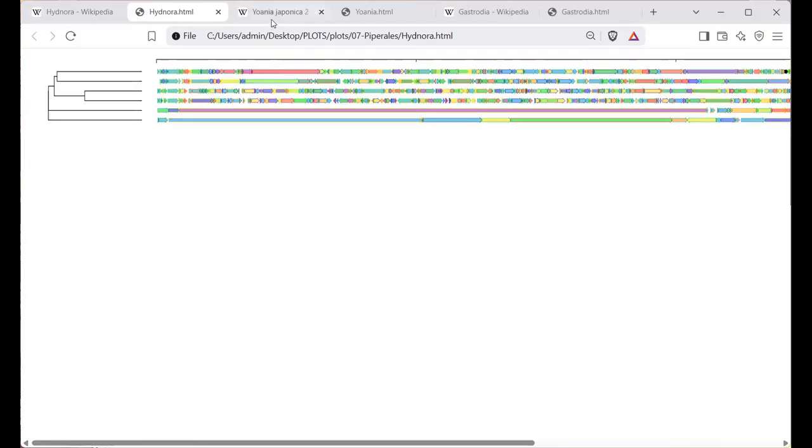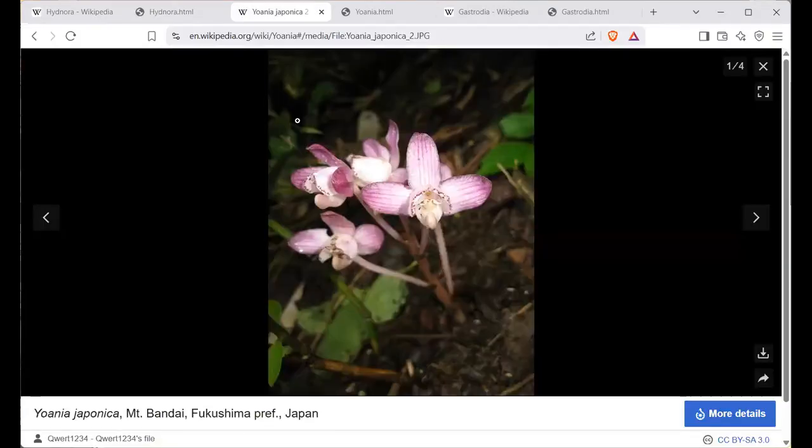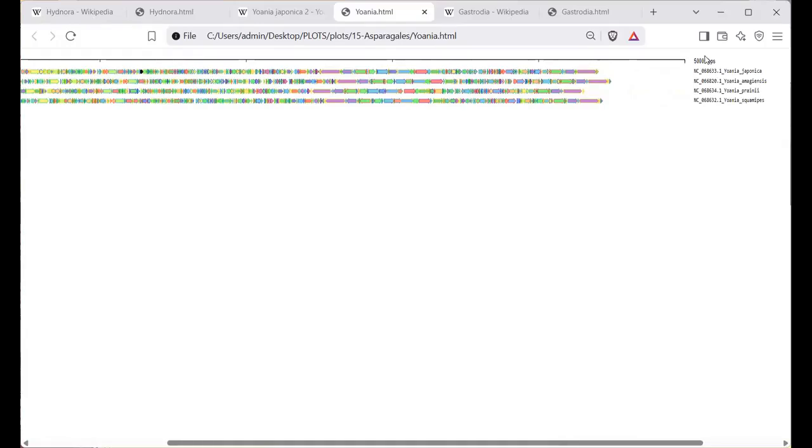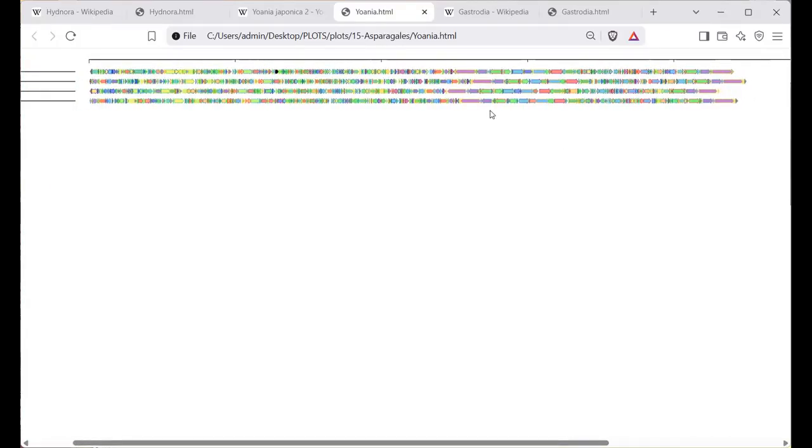Now there is another one. This is an orchid called Euania, and it's once again a parasitic plant. In this case, the PGR-TK sequences are about 50,000 nucleotides, so quite small. Here you can see that all these plants have similar patterns, and you can click and identify the inverted repeats.